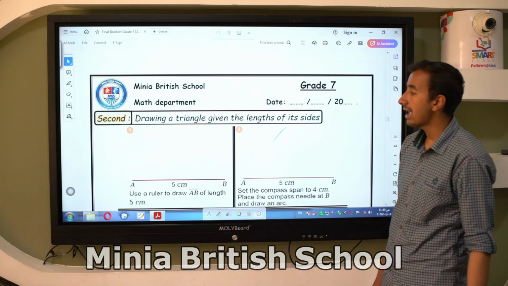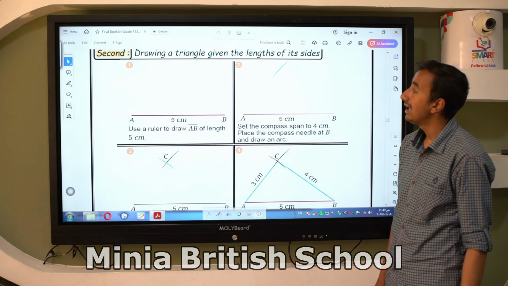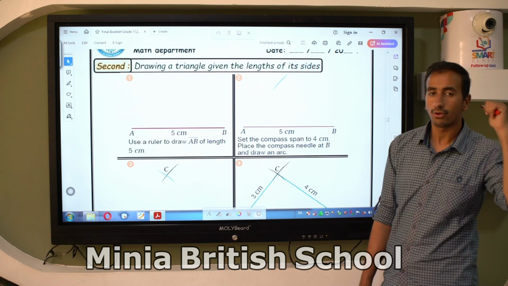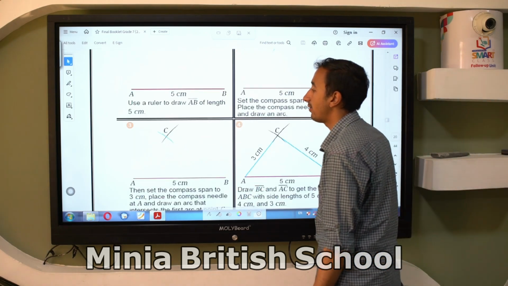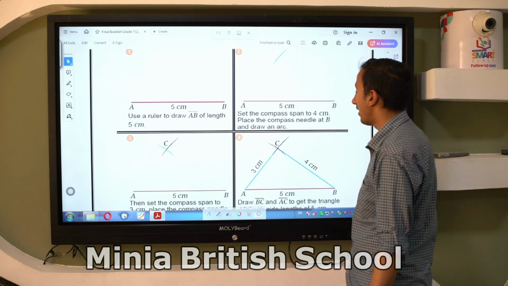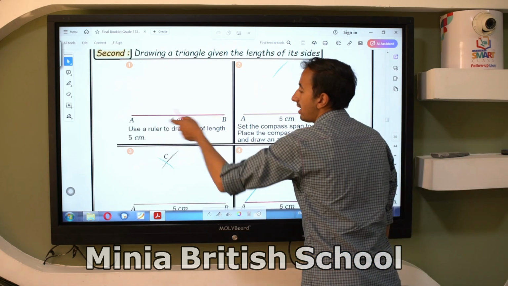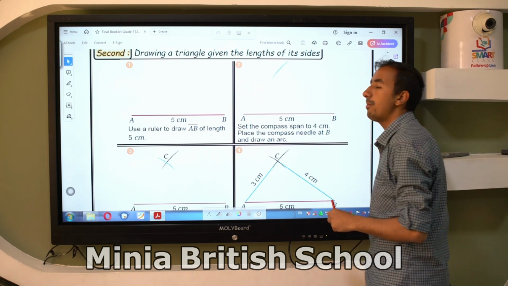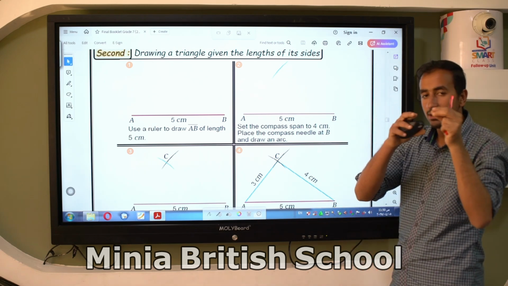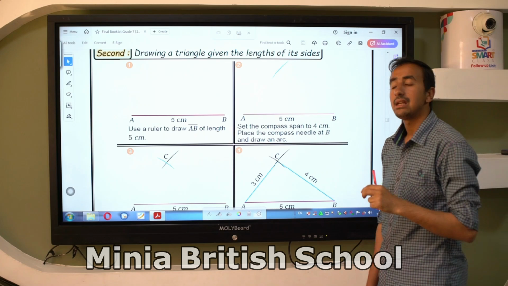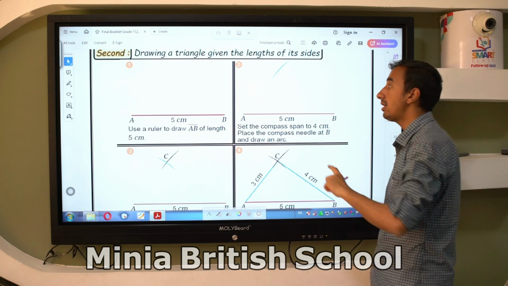The second, how can we draw the triangle with given lengths of its sides, as we took it in the first term? If we have to draw the triangle 5, 4, and 3, take the greatest length and make the horizontal line AB 5 cm. Open the compass from 0 to 3 with the ruler.